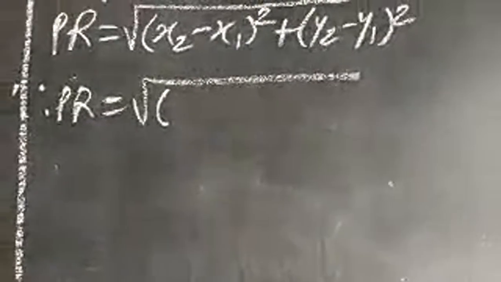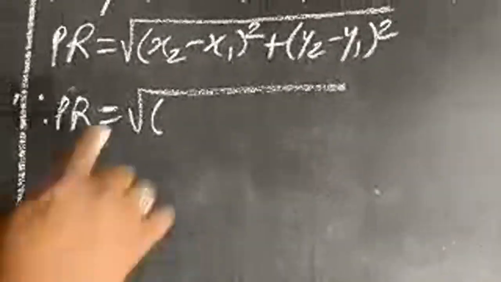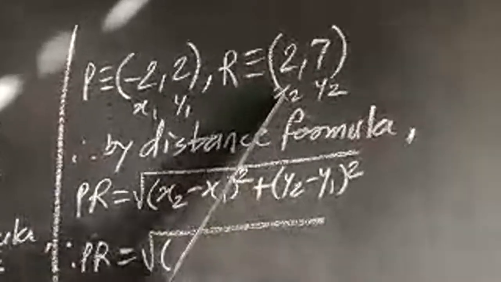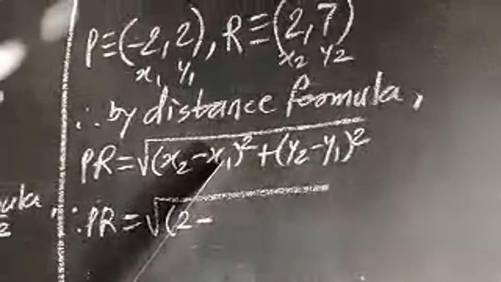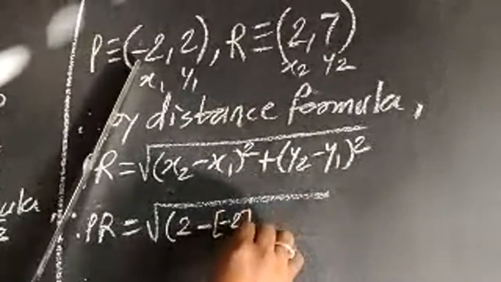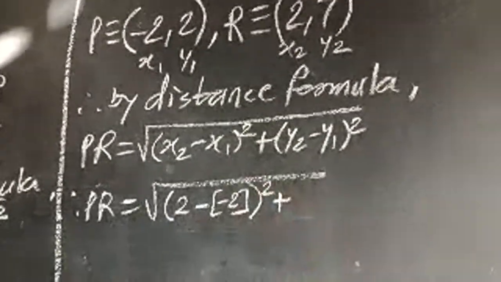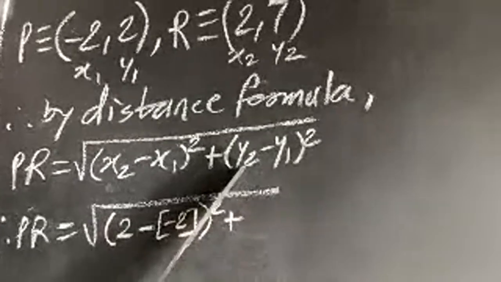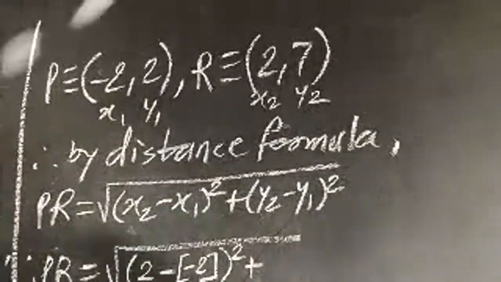So the value of x2 is 2 minus the value of x1. The value of x1 is negative, so we write minus of minus 2, bracket square, plus 7 minus 2 bracket square, where the value of y2 is 7 and the value of y1 is 2.